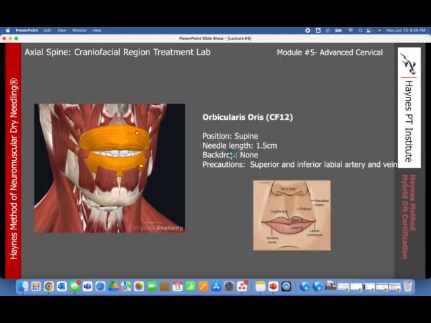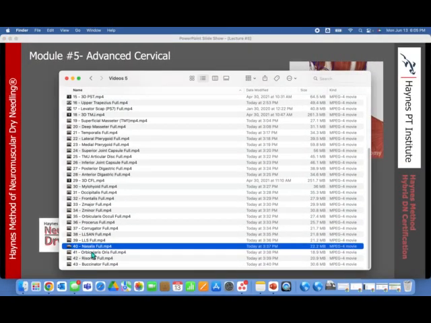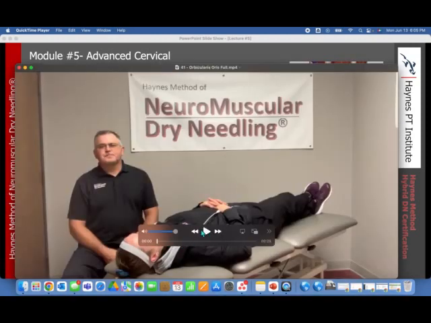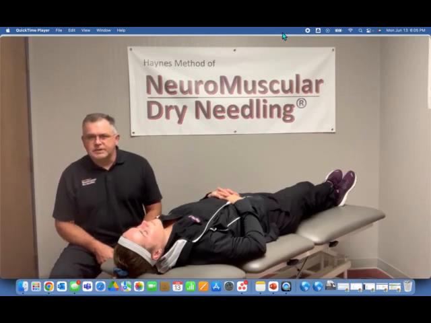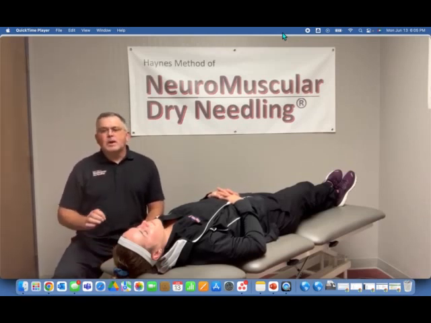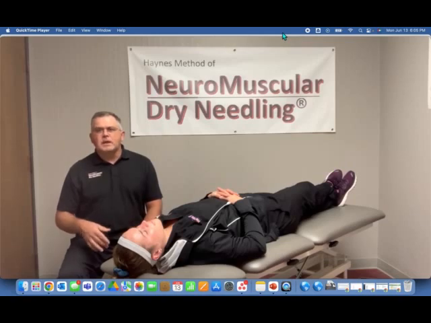Okay, and then to the orbicularis oris. For the orbicularis oris, position is going to be supine, again a 1.5 centimeter needle length, and a backdrop is none. Here we're going to needle from distal relative to and off the vermilion border.